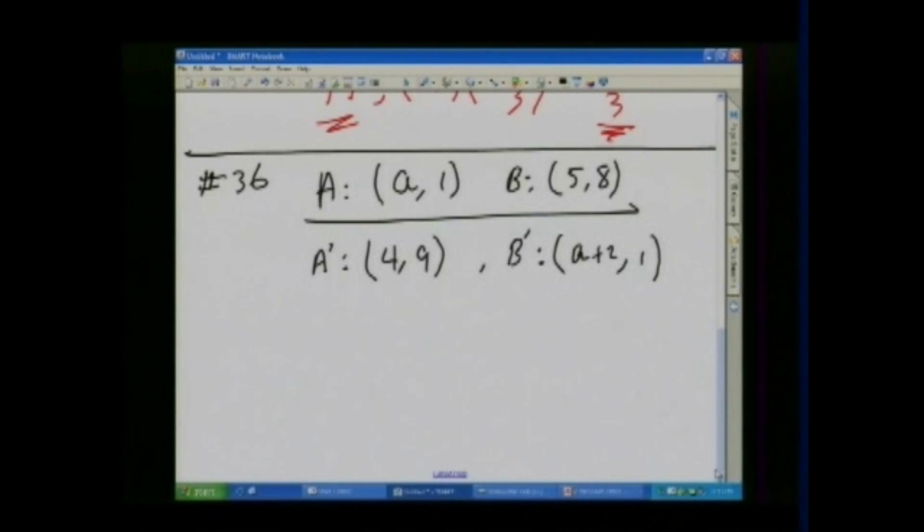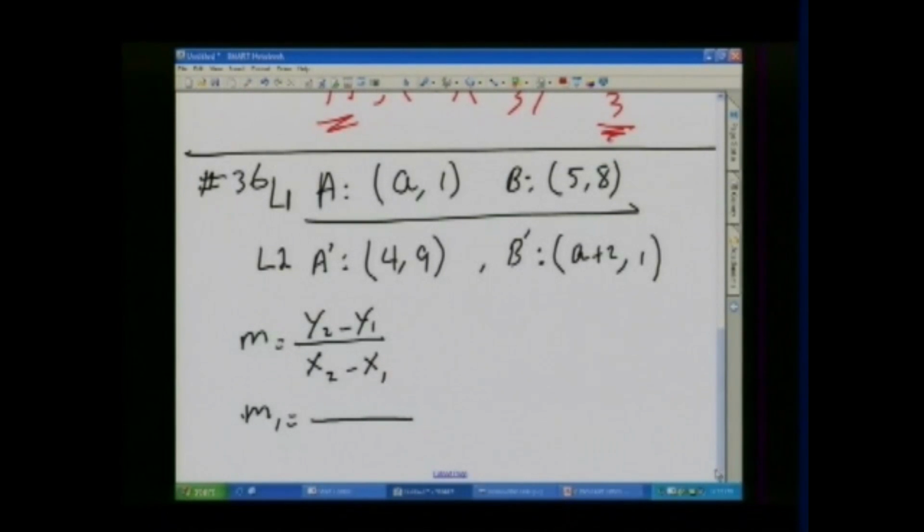First, the formula for calculating the slope, regardless of whether we are talking about line, let's call this line 1, and this one line 2. The slope m is equal to y2 minus y1 divided by x2 minus x1. So if we are talking about the first line, then we call the slope for it m1, which would be equal to y2 is 8, y1 is 1.